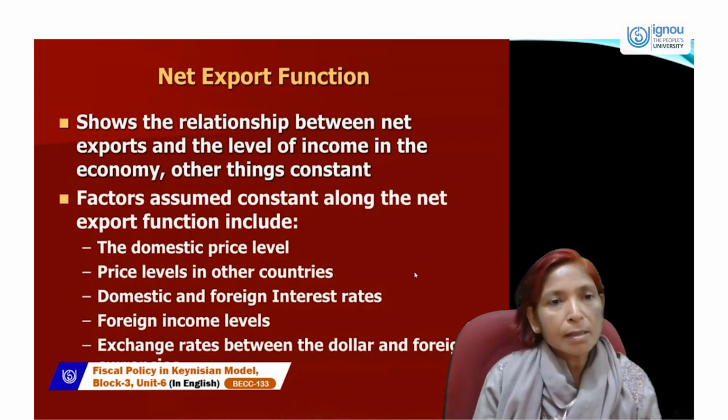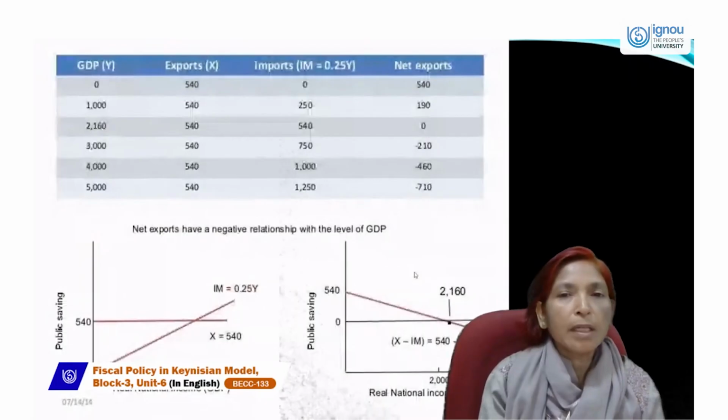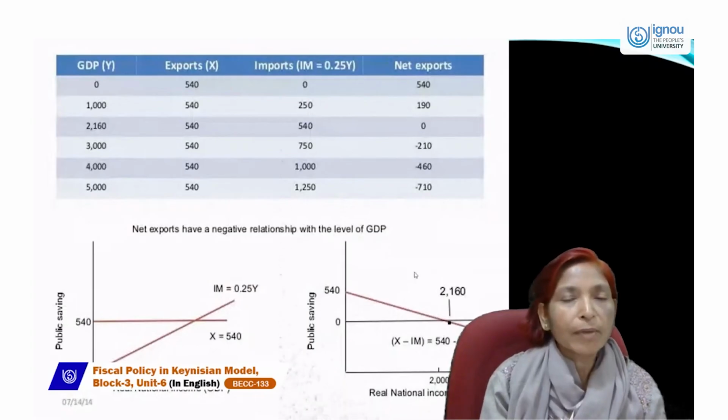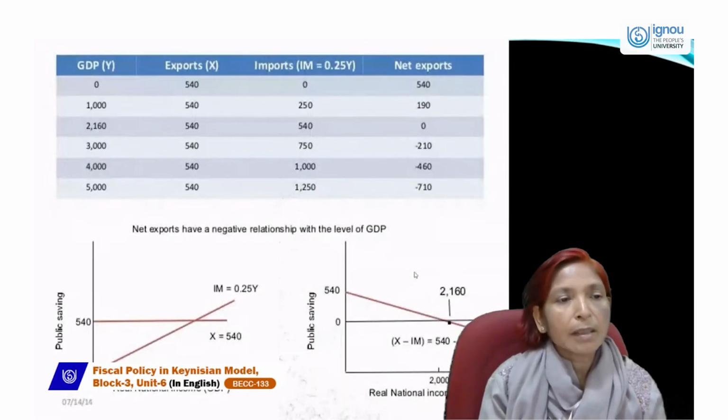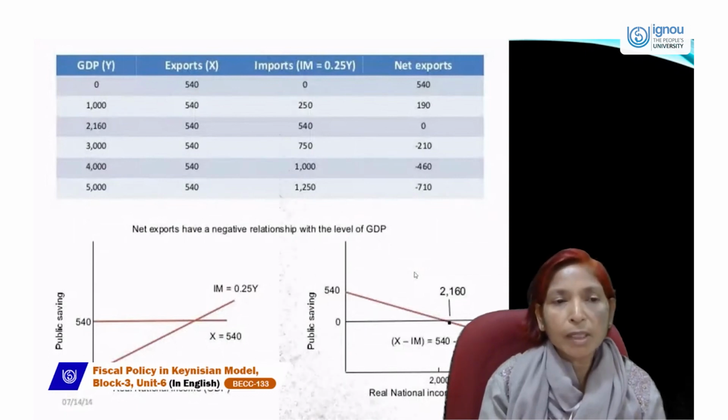Now, in this table, in the first column we have taken GDP. For example, GDP is increasing like 0, then 1000, then 2160, then 3000, 4000, and 5000. And exports, which remain always constant or autonomous, have the same value, like 540, 540, 540.